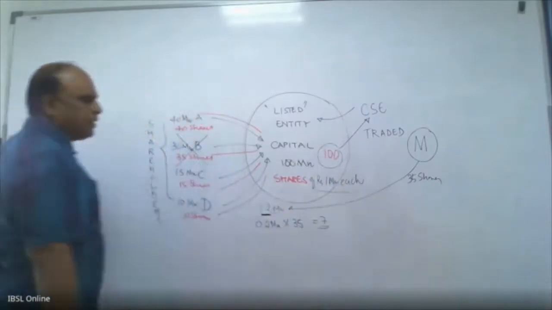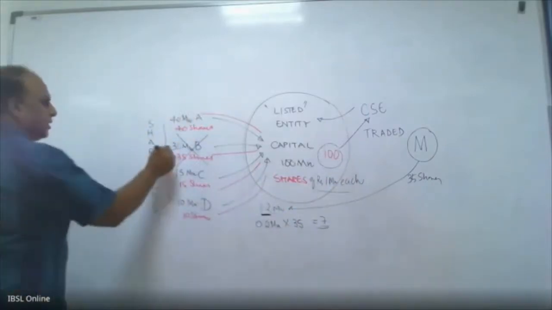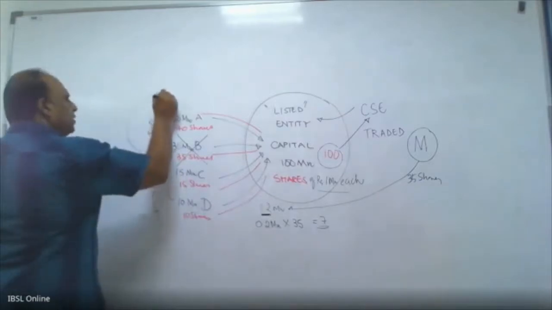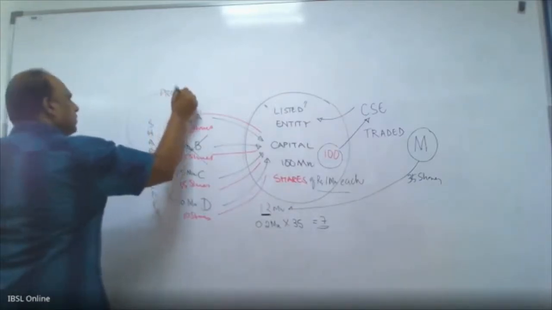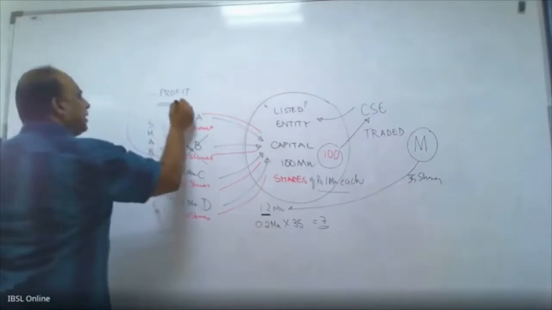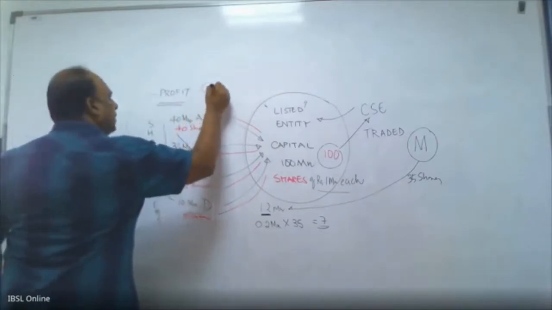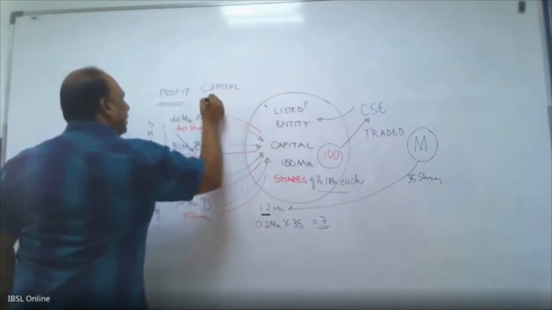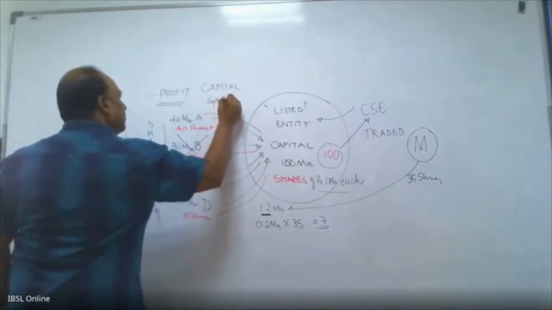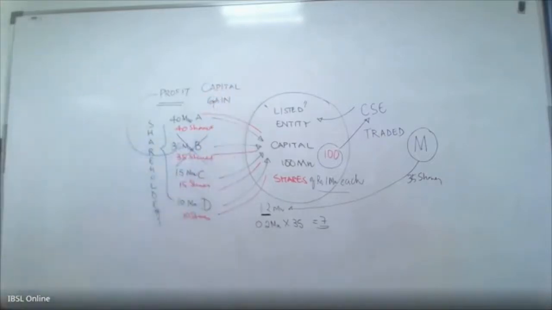That is a profit to this person. We call that profit generally a capital gain. Okay. So this is like a small synopsis of how the company's ownership can change.